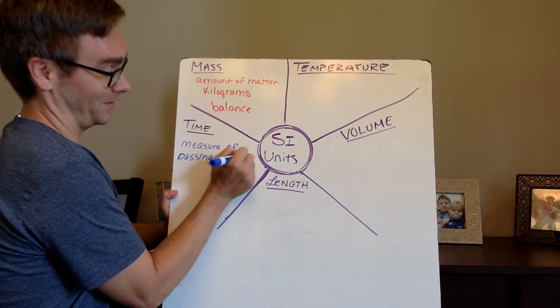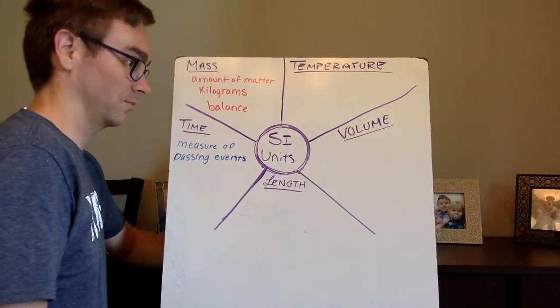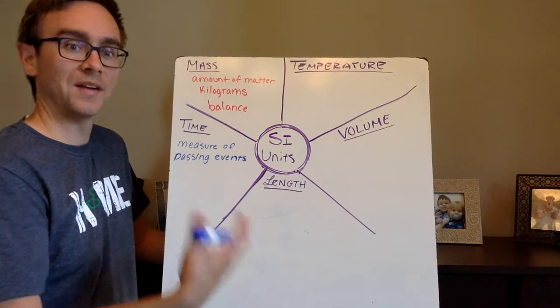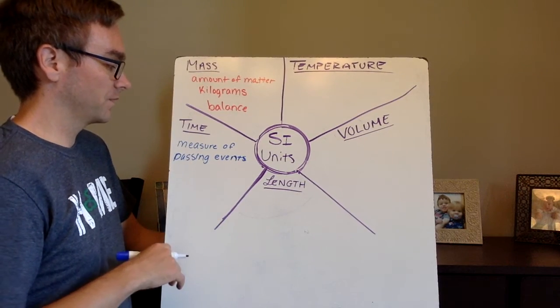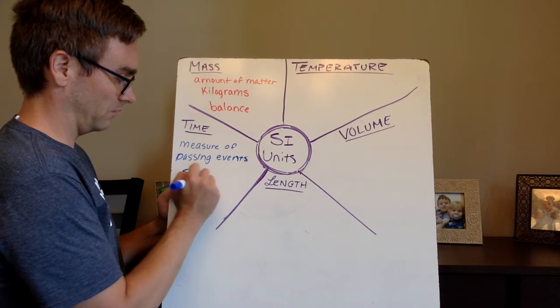It's a tough one because time is a very tricky thing to truly understand. It's basically the measurement of how we know things are moving forward, passing events. We typically measure that one in seconds.